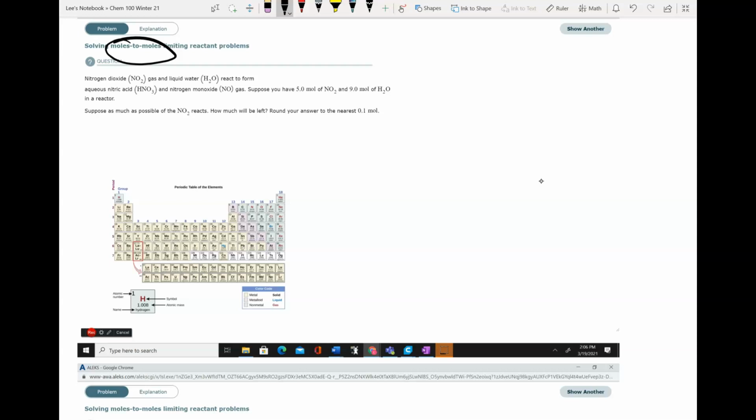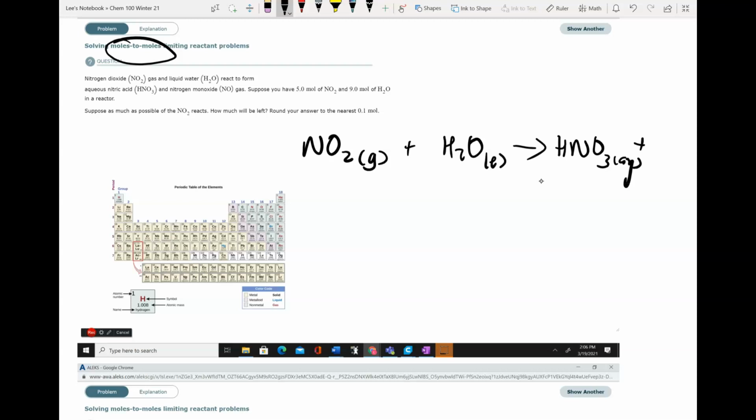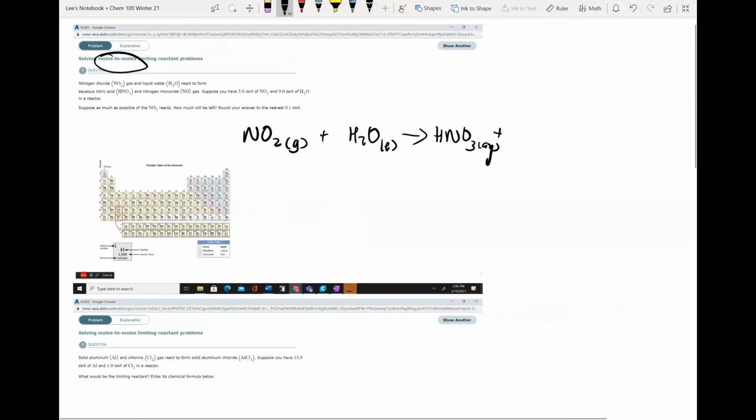It says nitrogen dioxide gas and liquid water react. So there are two reactants, NO2 gas and liquid water. And they're going to react to form nitric acid, HNO3, as an aqueous solution. In addition, we're also going to get nitrogen monoxide, which is a gas. So now we've just got to balance everything.